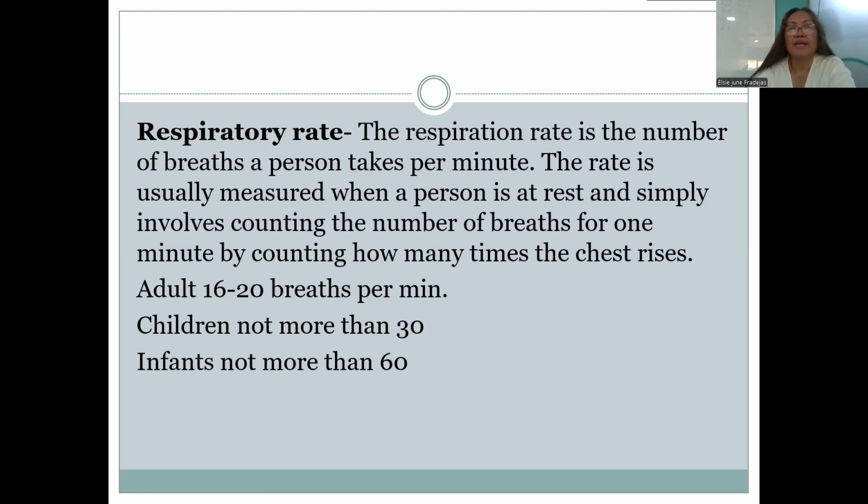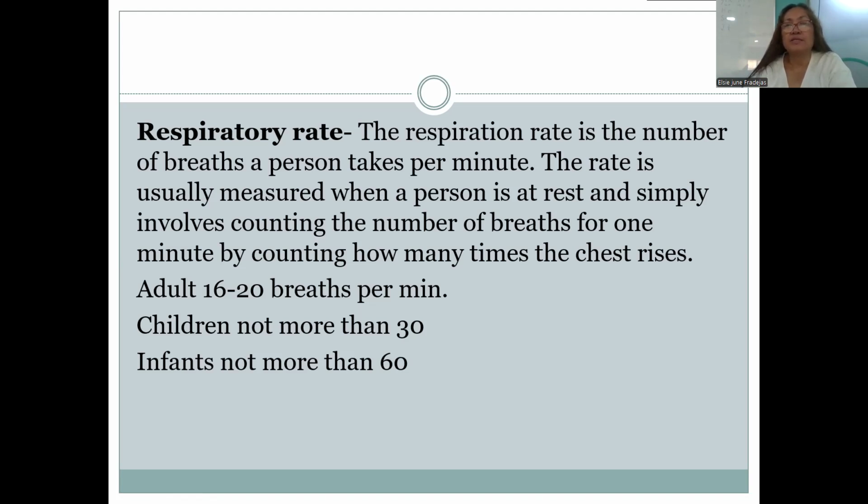Make sure the person is relaxed or at rest. Count how many times your chest rises. One rise we call inhalation, and when your chest falls, we call that exhalation.